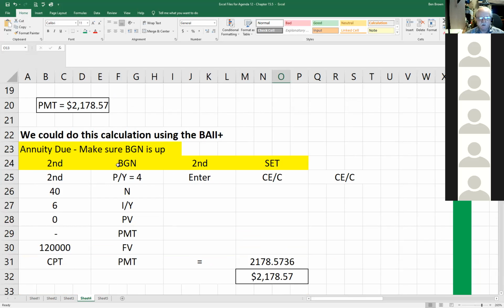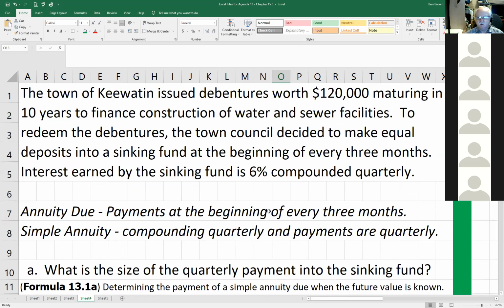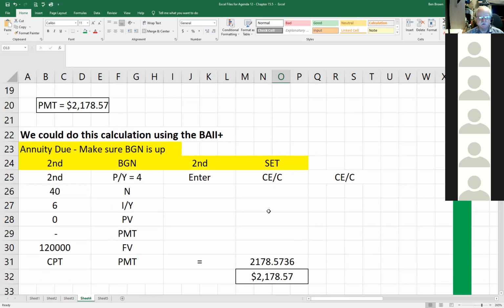We again have to make sure BGN is up. And the payment periods are quarterly. There are 40 payments. Is that right? 40, 10 years, 4 times a year, 40 makes sense.